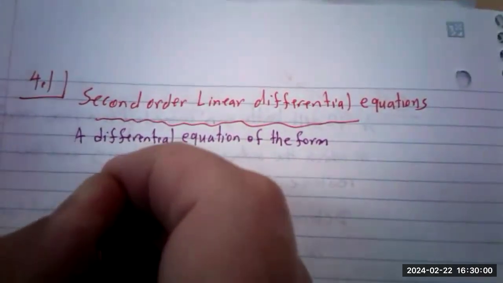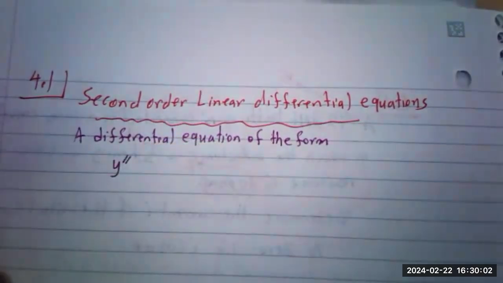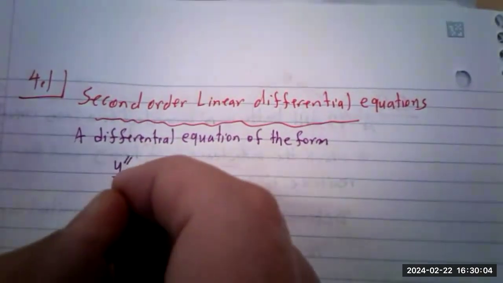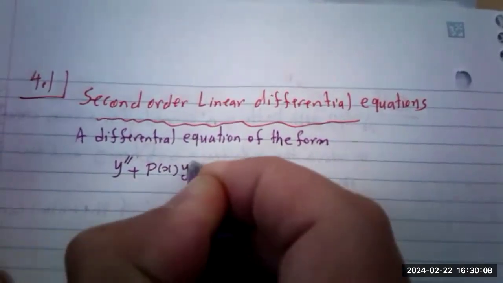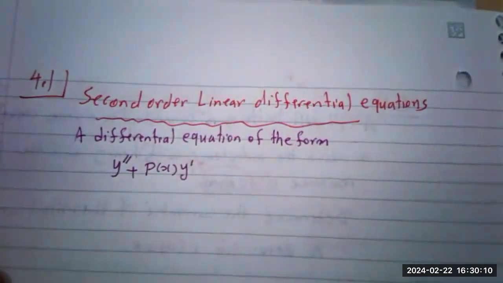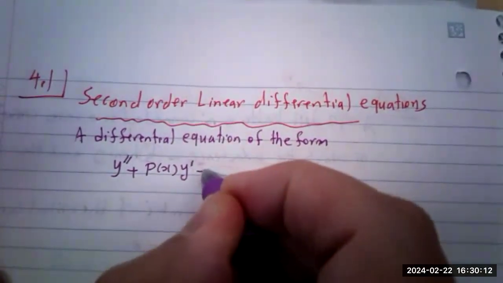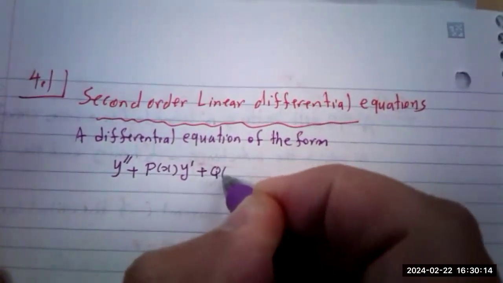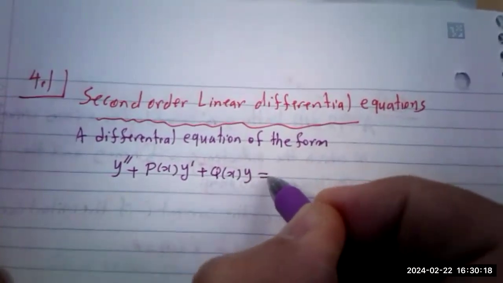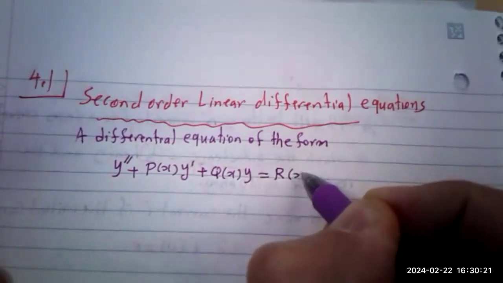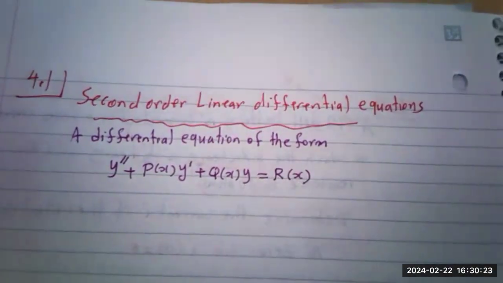You get the y double prime for the second order, then plus p of x times y prime. Already a standard notation that we're going to use. Then plus q of x times y equal to r of x. This is going to be the case.